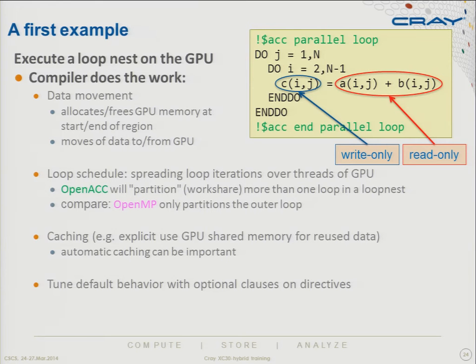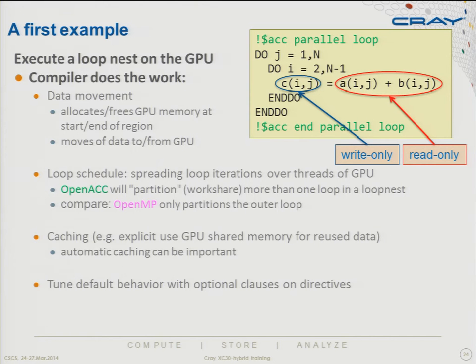The compiler analyzes the data dependencies in here, and it will understand that C is write-only, and that A and B are read-only, and it will sort out the CUDA mallocs, or the equivalent thereof, and the CUDA frees, and the CUDA mem copies at each side to only transfer the data that's required in the right direction. So if C is write-only, it will do a CUDA malloc, but no CUDA mem copy there, and it will do a CUDA free, but it will also have a CUDA mem copy to bring that data back, but it won't bring back A and B.